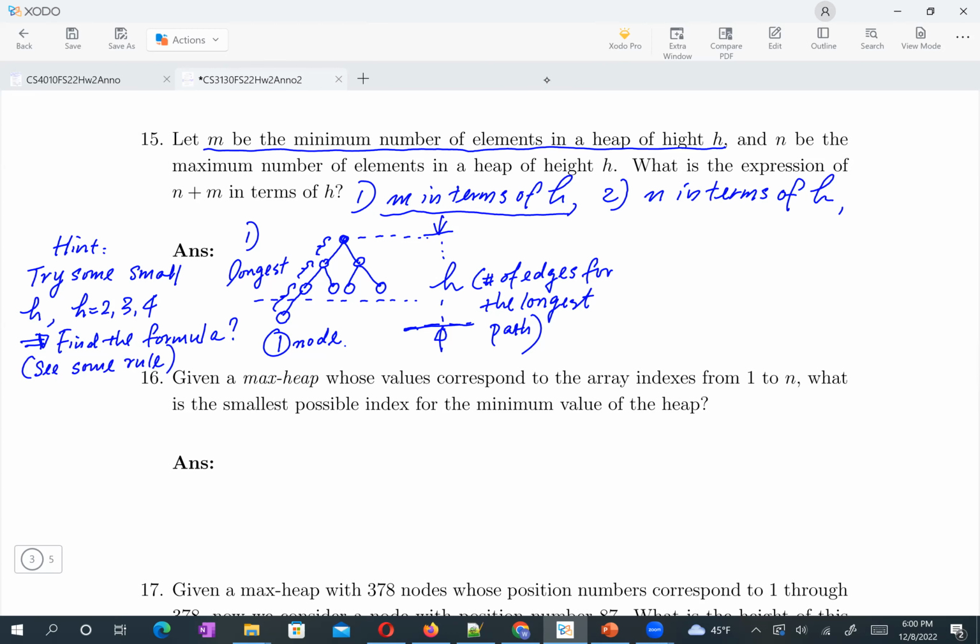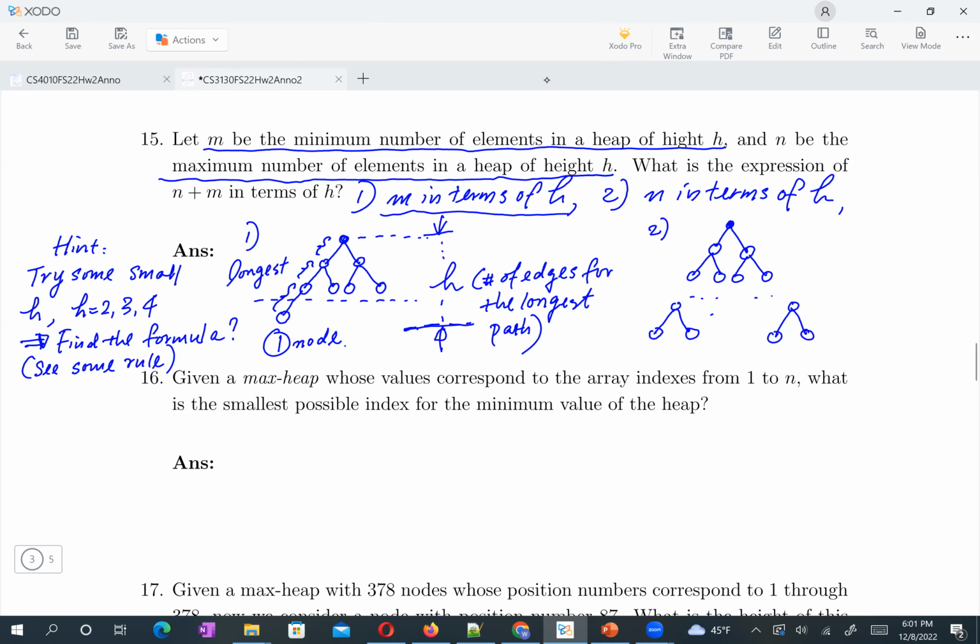Similarly, for case number 2, I think that will be much easier. This time, the maximum N equals the maximum number of elements for a heap with height h. Maximum means we should fill all the levels.